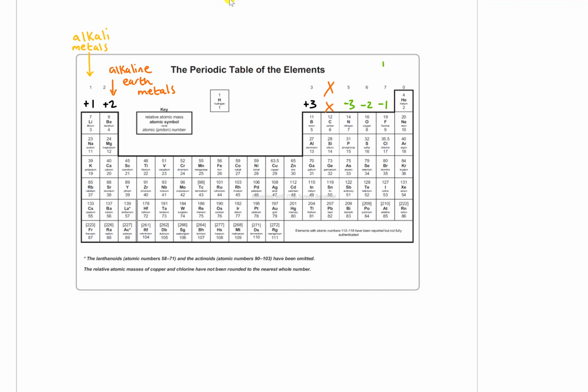Group 7 are the halogens. And group 8 or group 0 are called the noble gases.